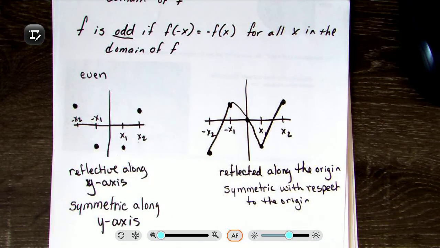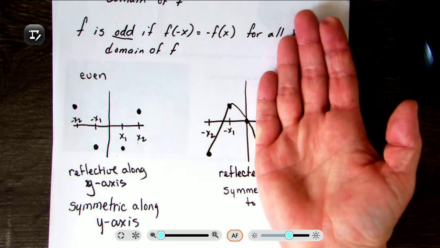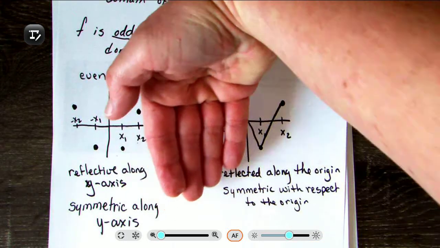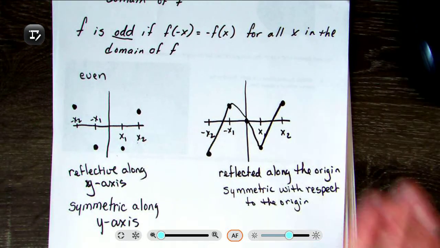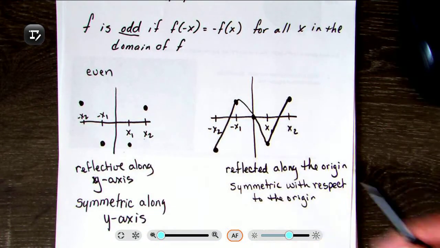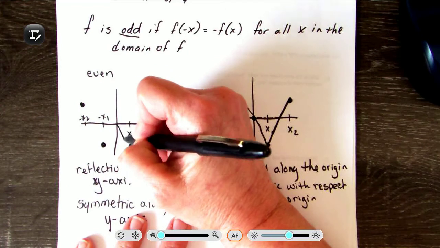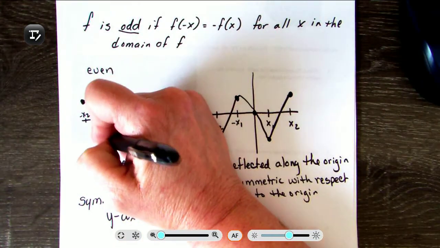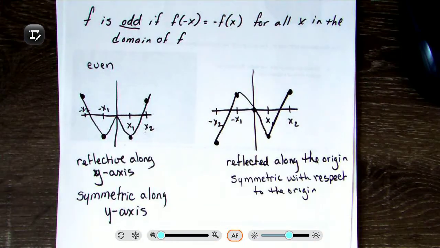Some people like to think you take this piece here and you flip it up and you turn it and put it back down. I don't know if you can visualize that. So if you're looking at graphs, that's what you're going to see. So if I had something like this here, it's going to be reflected and look like that.